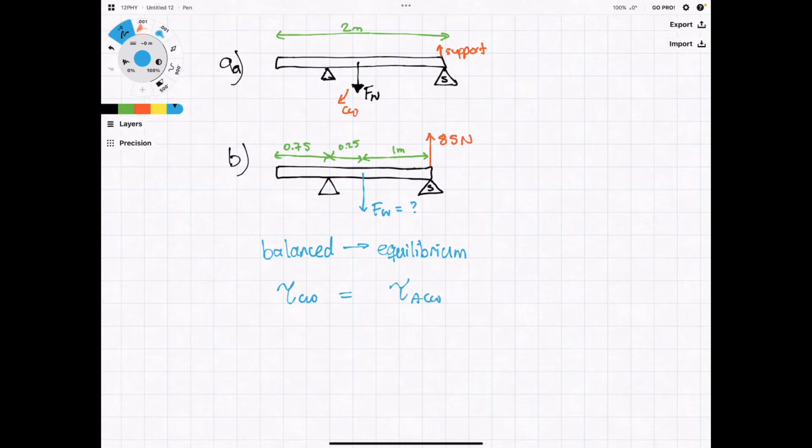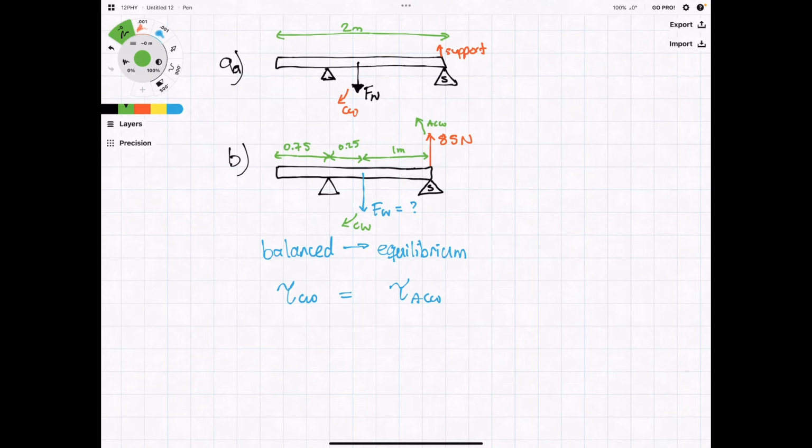So let's just realize what's going on here. Around our pivot, the weight force pulls it that way, which is clockwise. And the support force goes up and around this way, which is anti-clockwise. Those are the only two forces we have acting: weight force of the plank, support force of the scale.